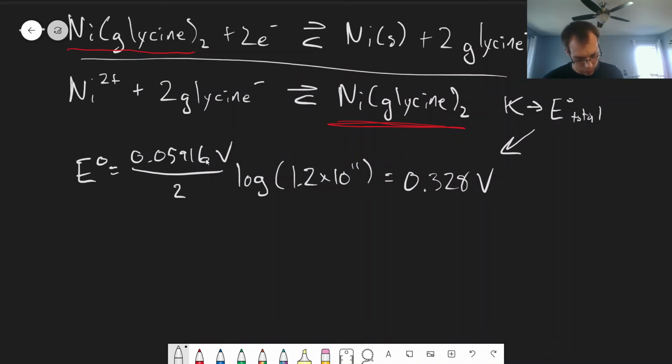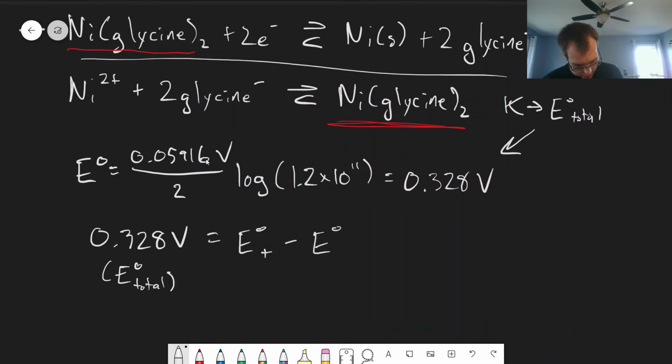And overall, we need that value, 0.328 volts, which again is E naught total, will be equal to E naught plus minus E naught minus. But we know E naught plus is equal to negative 0.236 volts, minus E naught minus. And then we just need to reorganize this equation.